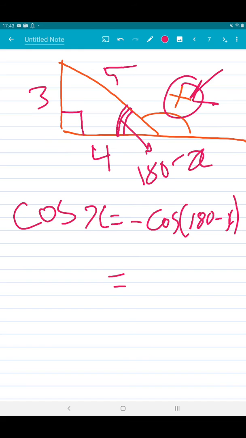Okay, so minus of, what is the opposite side of 180 minus x? It's 3 over the adjacent. What is the adjacent? The adjacent is 4, so minus 4 over what? Over 5.